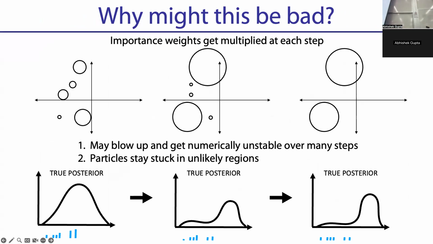You have lots of particles which have really low weight in states that are very unlikely, right? And so we need to find a way to avoid this high concentration of weight in a few particles. The way to think of it intuitively is to go back to this example.